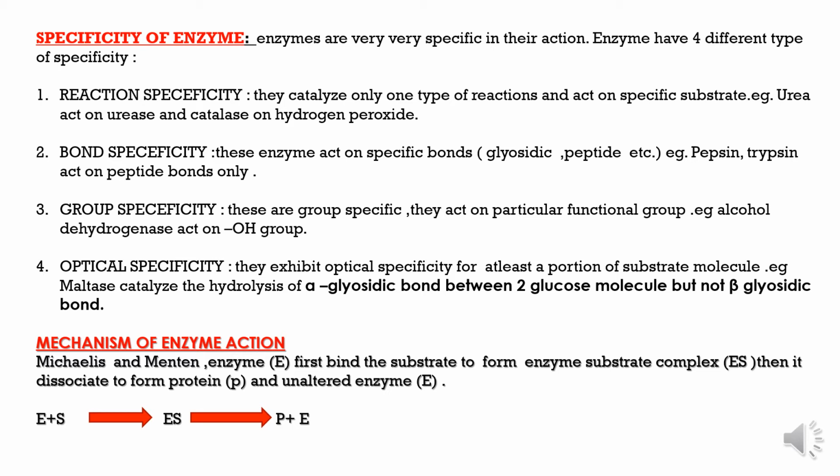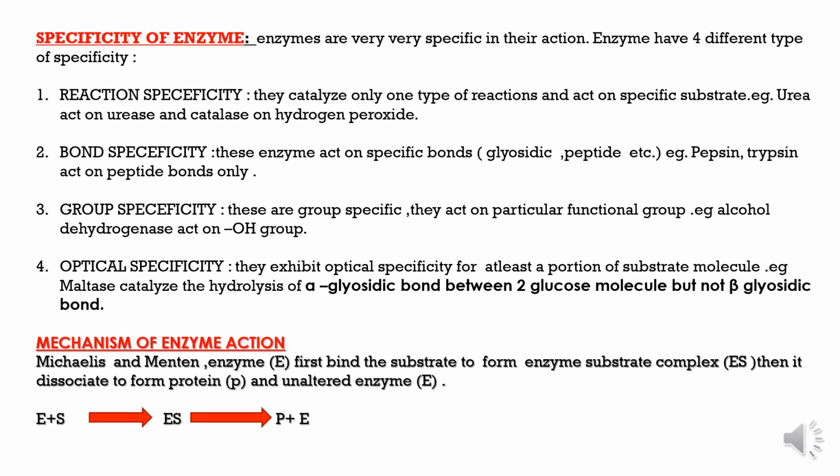Group specificity. They act on a particular functional group. Example, alcohol dehydrogenase acts on OH group. Optical specificity. They exhibit optical specificity for at least a portion of the substrate molecule. Example, maltase catalyzes the hydrolysis of alpha glycosidic bond between two glucose molecules but not beta glycosidic bond.